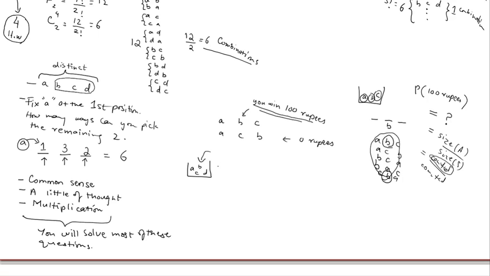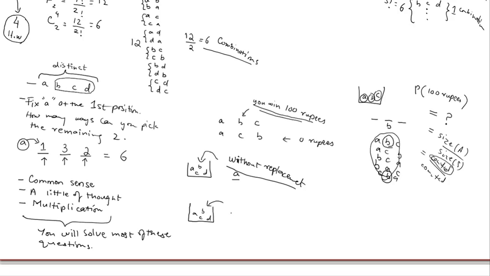Well, to answer your question, yes, we pick an object and we put it aside. We remove it from the basket. So now only 3 remain. This is called picking without replacement. Now you could have done picking with replacement.